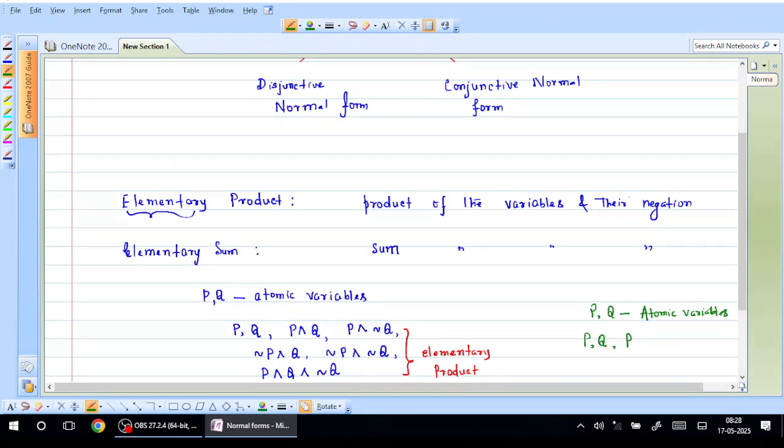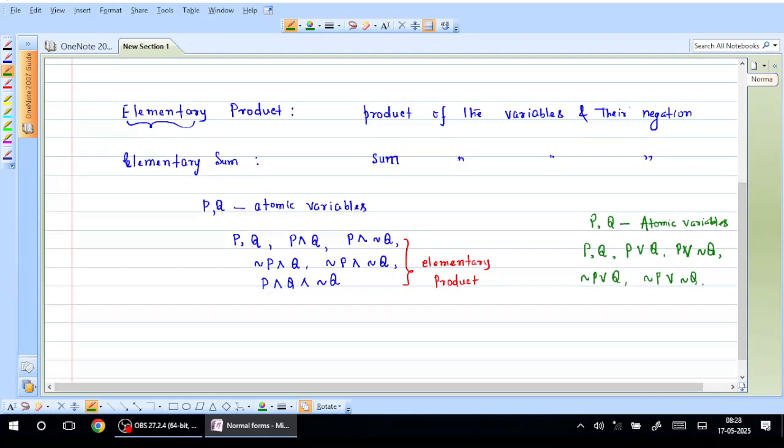So I can have P join Q, P join not Q, not P join Q, and not P join not Q. I can also extend it to 3, 4 or more expressions.